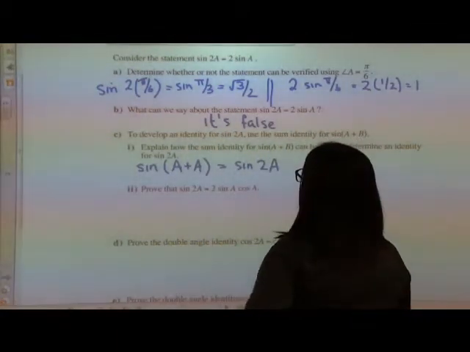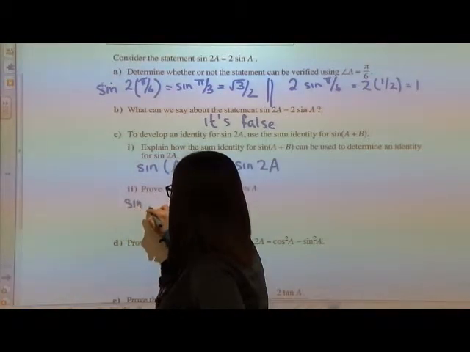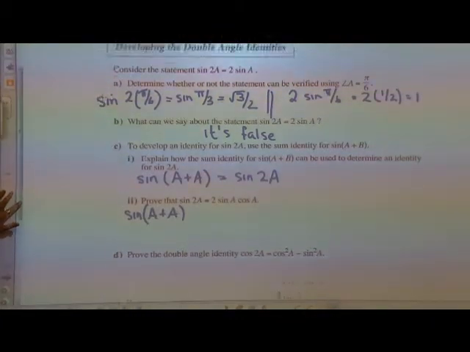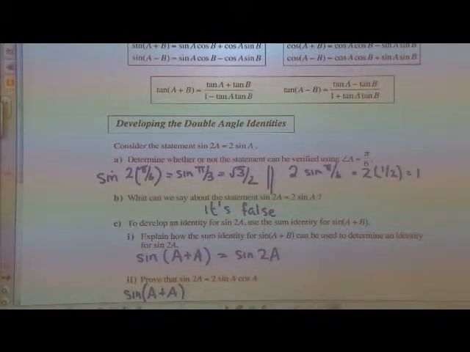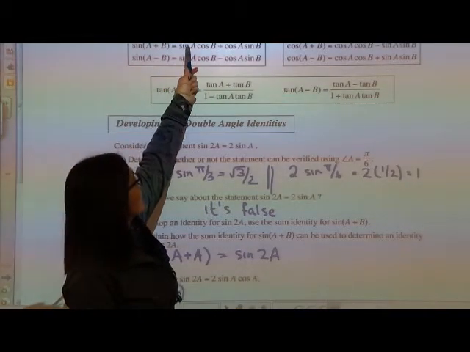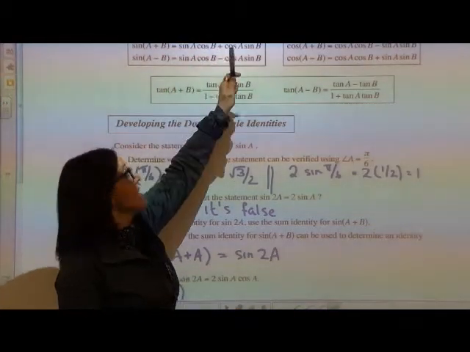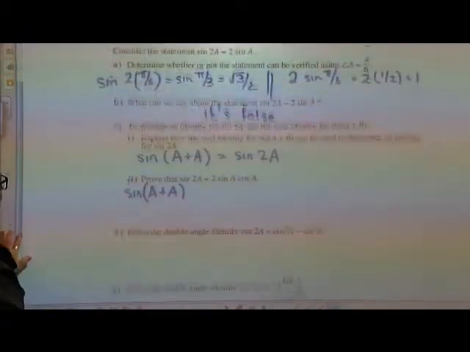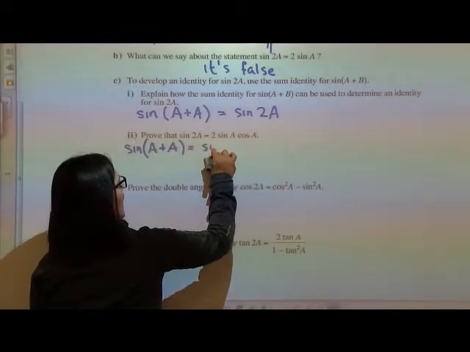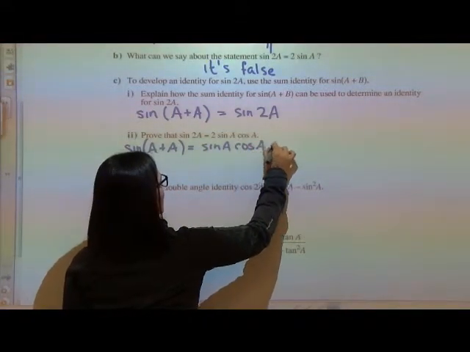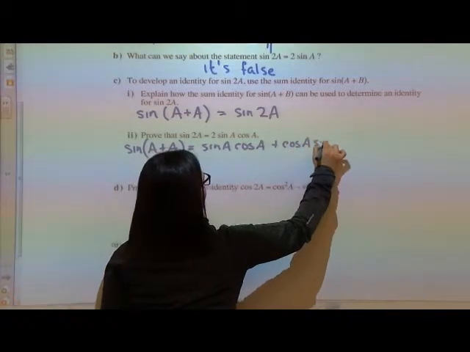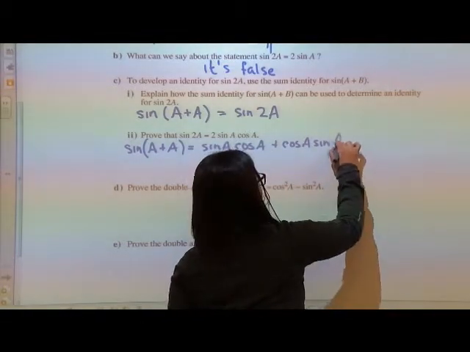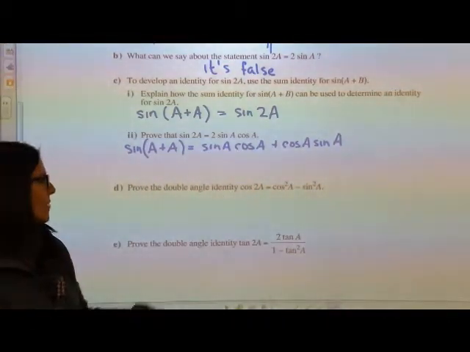So if we look at sine a plus a instead of a plus b, and we use the identity that's been nicely written up at the top, it means that instead of being sine a cos b, it's now sine a cos a, plus cos a sine a.